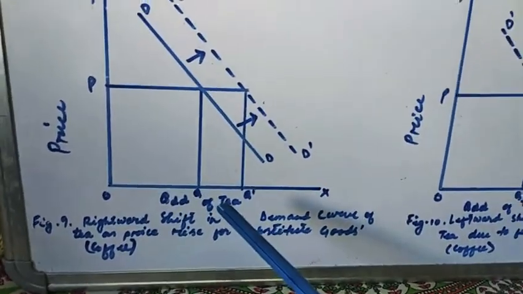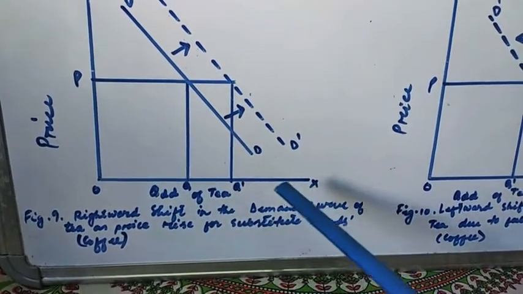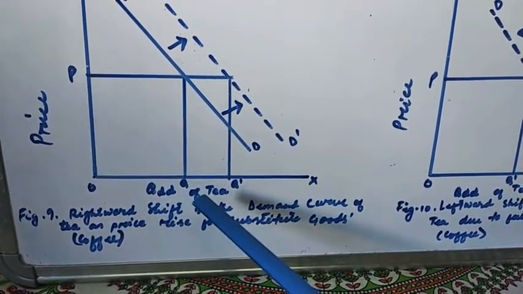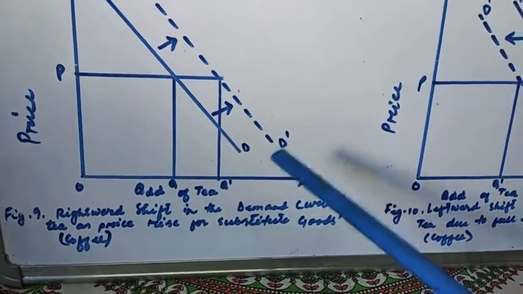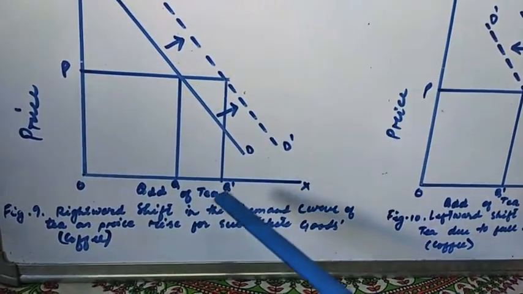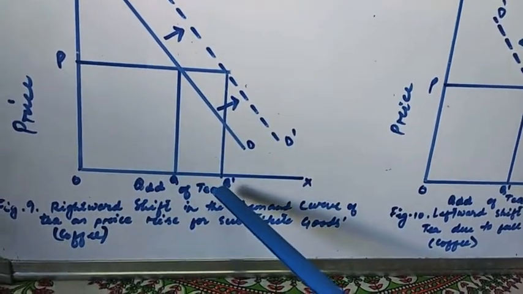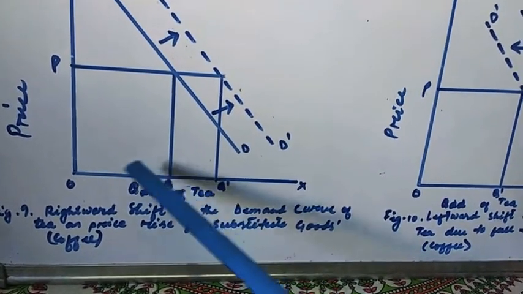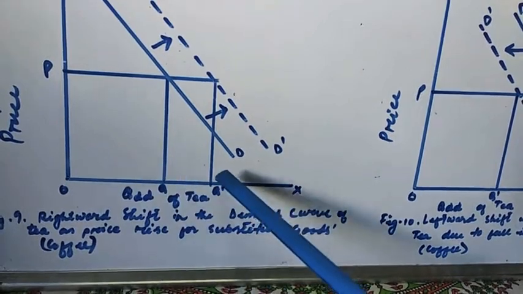Let me repeat again. On the x-axis, we are measuring the quantity demanded of tea. When there is a rise in the price of coffee, which is a close substitute of tea, then the quantity demanded for tea will increase.